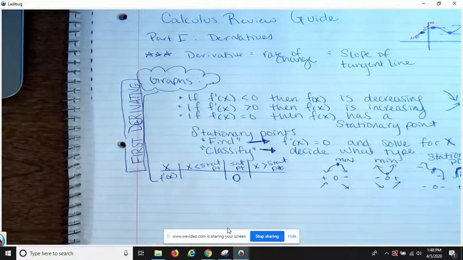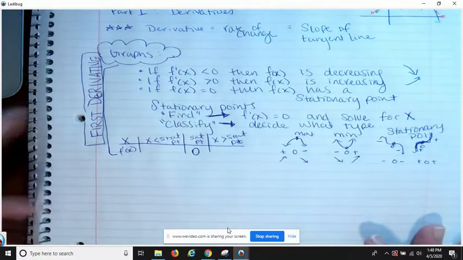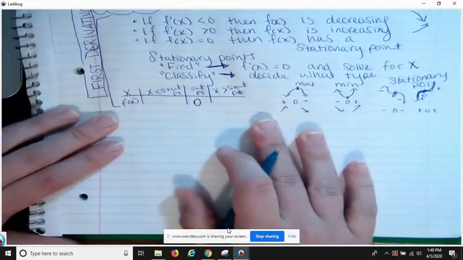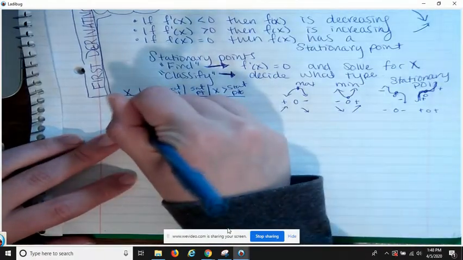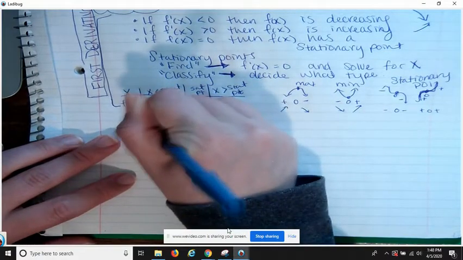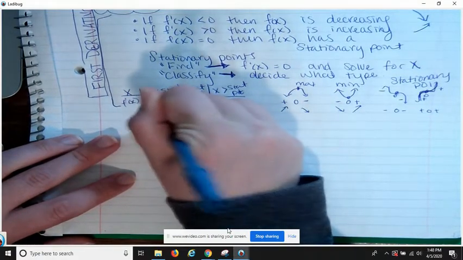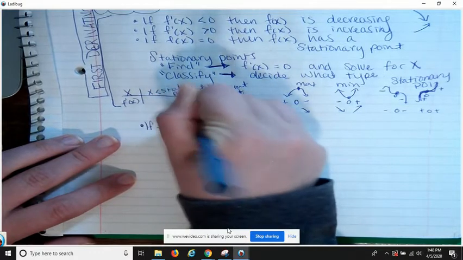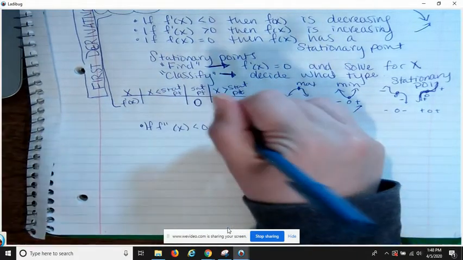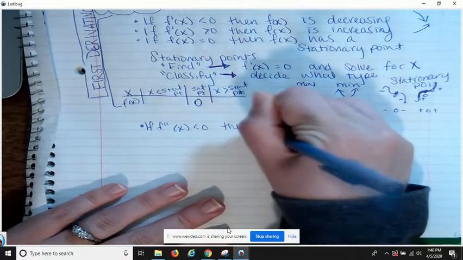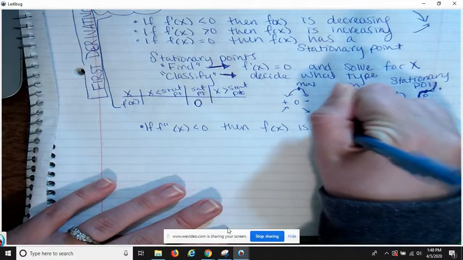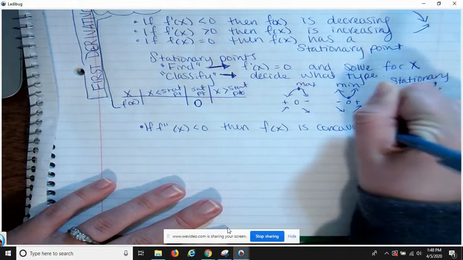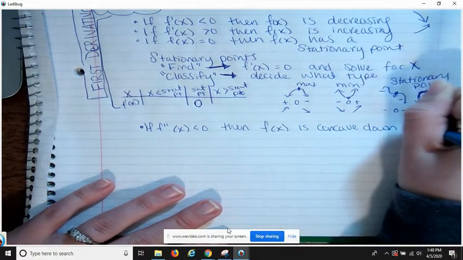Now there's also stuff we can do with our second derivative. So with our second derivative, there's some things we can find. If f double prime of x is less than 0, this means that f of x, the original function, is concave down. Okay.